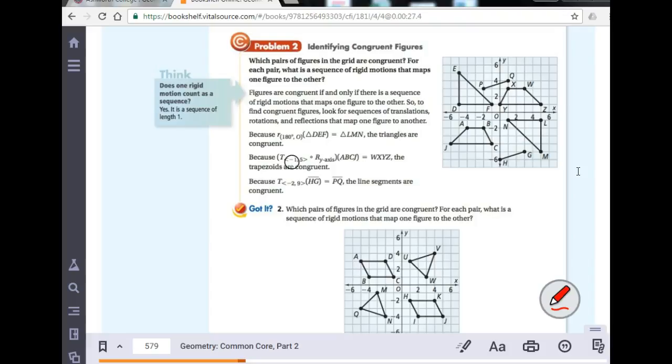With the open arrow there, that means 1 to the left, and the 5 means 5 up. So once you reflect this, you would have to move it back 1 and up 5, and it would match onto this one right here, which they're calling WXYZ. So those would also be rigid motions.